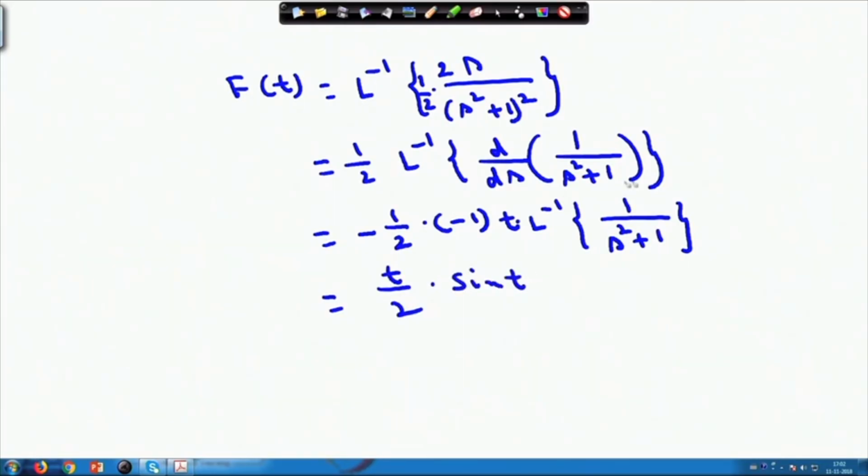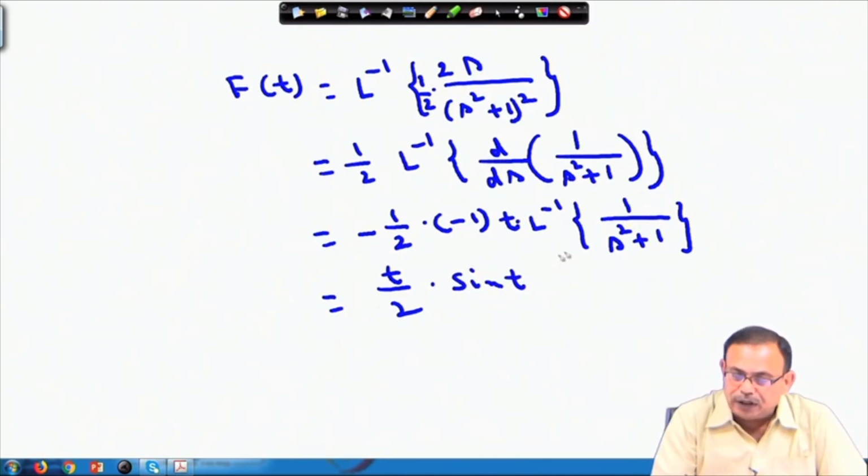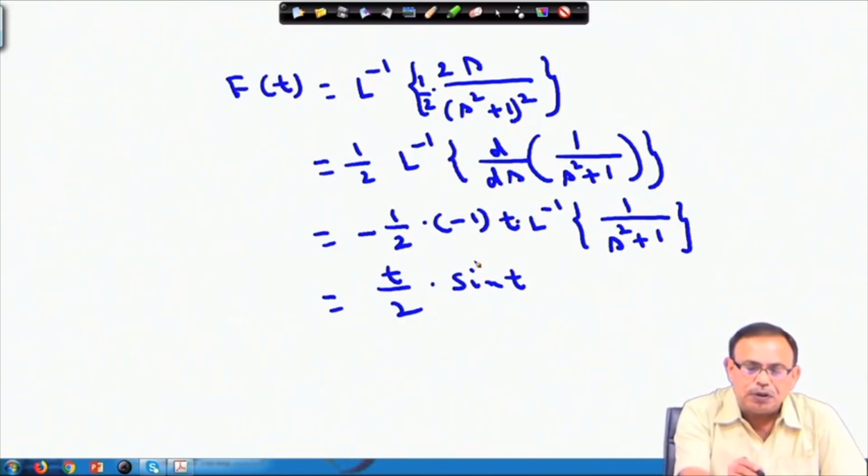So, after d/ds I take the derivative, and after that I get the Laplace inverse of 1 by s square plus 1, whose value gives t by 2 into sin t. Therefore, for that integral equation, the value of f(t) is equal to t by 2 into sin t.